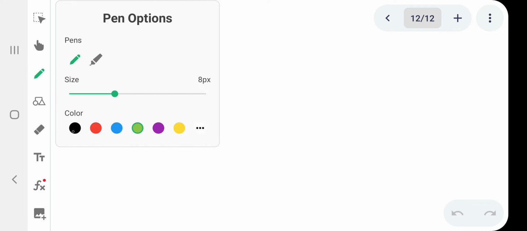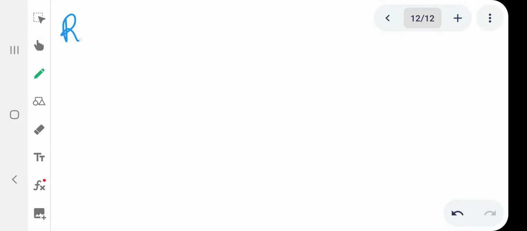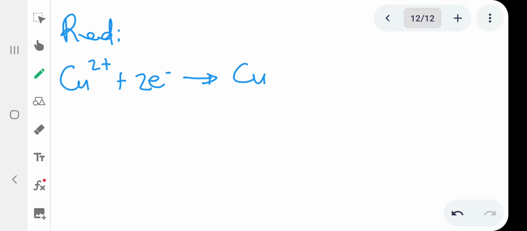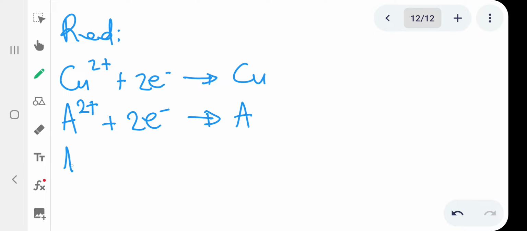And reduction, which is gain of electrons. A typical example is copper 2 plus gaining 2 electrons to give us copper, or we can say a metal A 2 plus gaining 2 electrons, and this would give us a metal A. What if a metal A 2 plus gains a single electron?